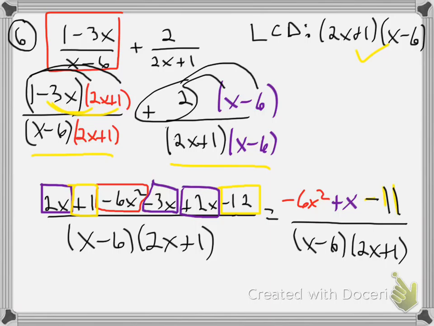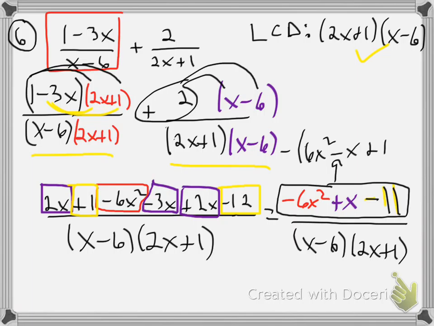Now, I don't like this negative sign here, so some people will rewrite this top part as negative 6x squared minus x plus 11, and they'll try to factor. What are the factors of 66 that add to negative 1?